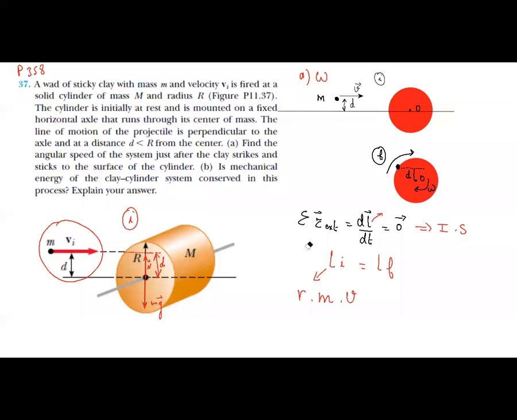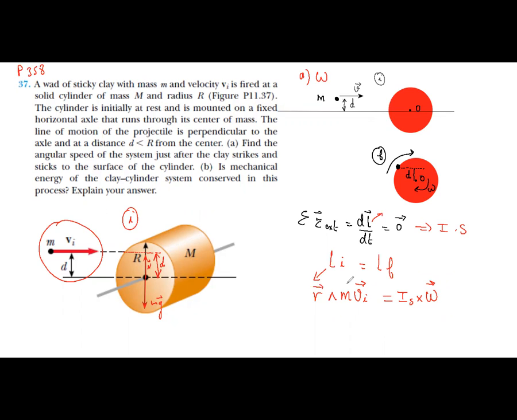If you want to write in detail, we have r cross p, which is equal to m times v initial. This is the initial state. What about the final state? In the final state, we have a pure rotational motion. So we have I of the system times omega just after the collision.